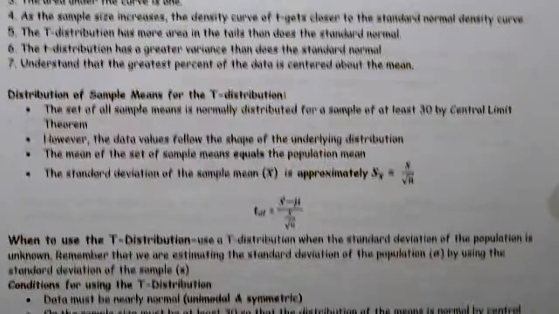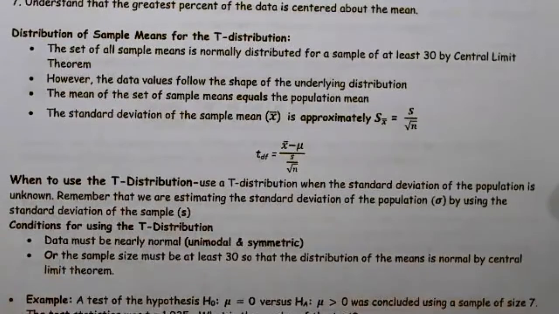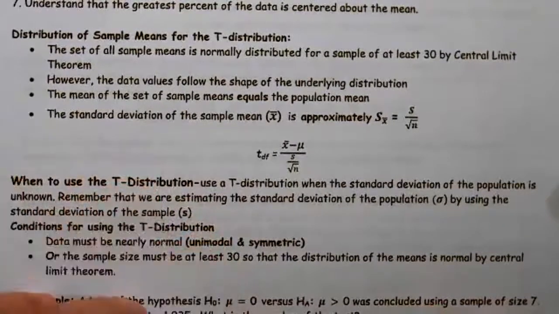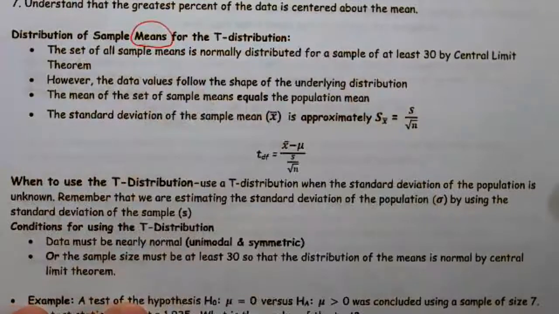If the data is not symmetric and your sample size is 30 or more, you can go ahead and use it. You're good to go. And one of the key words to knowing when to use it, as opposed to sample proportions, if it talks about means, that's probably a good hint that we're going to be using a t-distribution.